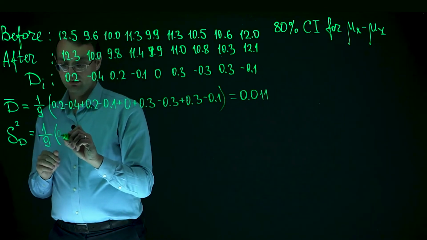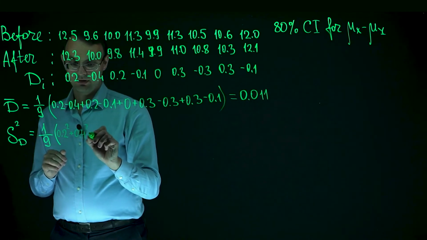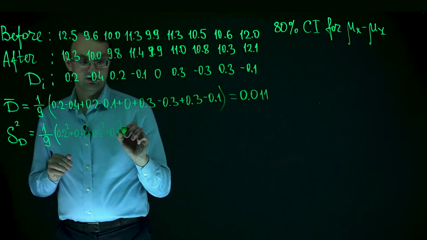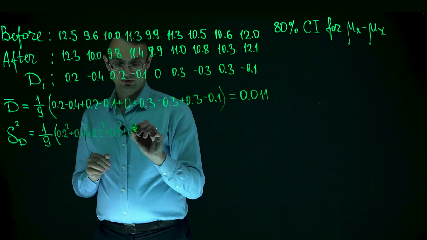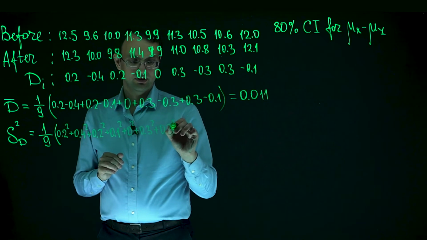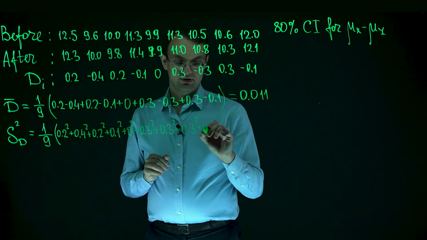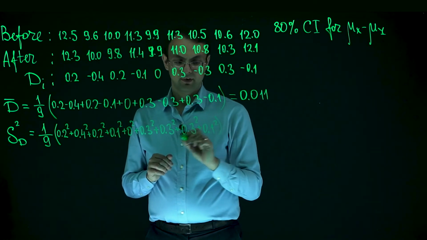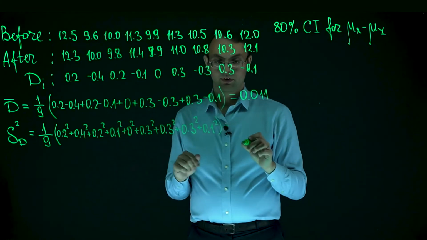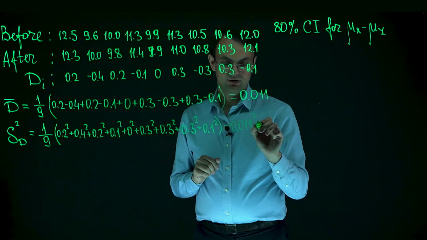So here I have 0.2 squared plus 0.4 squared plus 0.2 squared plus 0.1 squared plus 0 squared plus 0.3 squared plus 0.3 squared plus 0.3 squared plus 0.1 squared minus the squared mean, 0.011 squared.